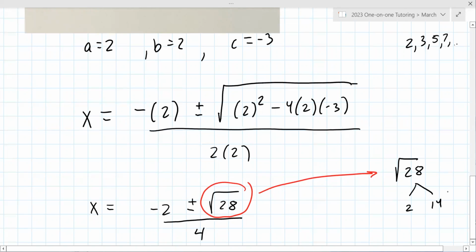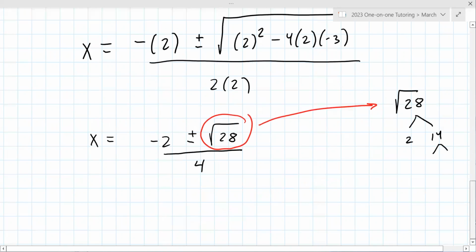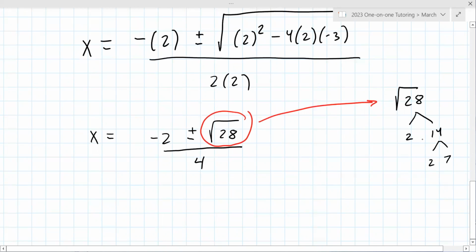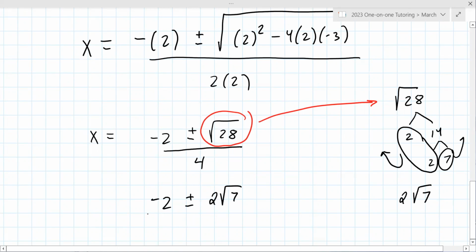And then does 2 go into 14? Yes. 2 and 7. So a 2 comes out and a 7 stays in. So it becomes 2 square root 7, like that. So it becomes -2 plus or minus 2 square root 7 over 4. So you basically come off to the side, work on that, and then come back.